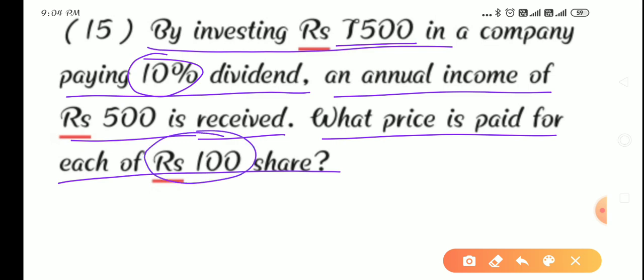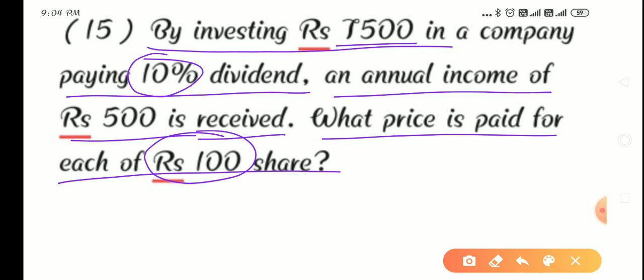NV is given 100 rupees. What price is paid means at how much price you are purchasing the share, means you have to find MV of one share. In this question you have to find MV, and what is given? Investment 7500, dividend percent 10%, total profit 500 rupees, NV of one share rupees 100.